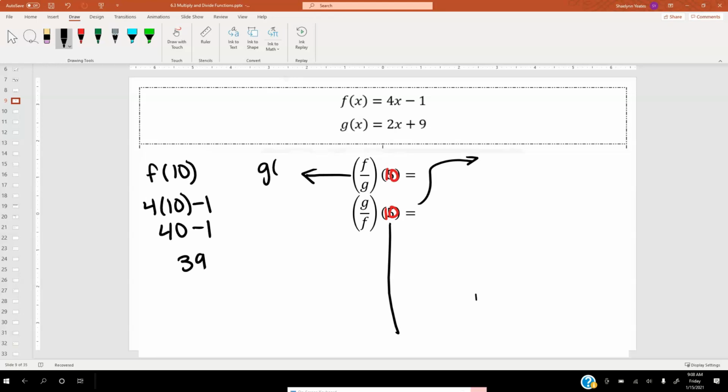And then we're going to find g of 10, which is 2 times 10 plus 9, which is 20 plus 9, which is 29. Alright, so let's check this side. So this becomes 39 over 29.